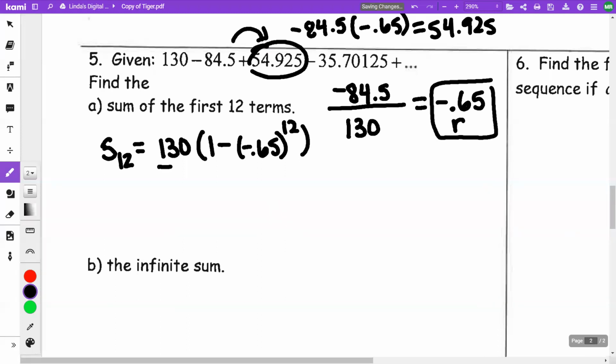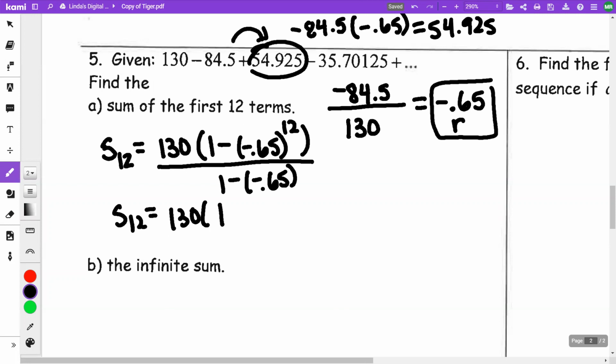Close the parenthesis all over 1 minus R, which is -0.65. So really, this is going to be 130, 1 minus -0.65. That's not going to change.